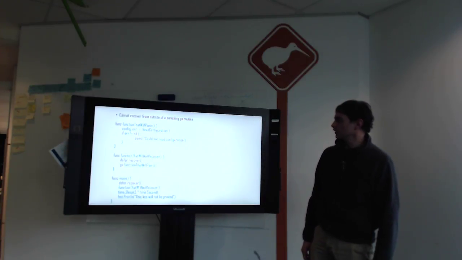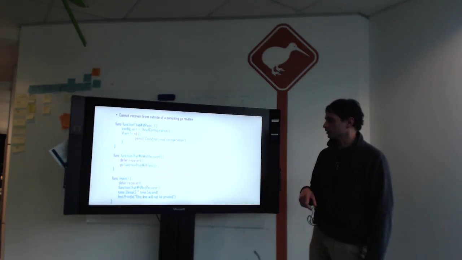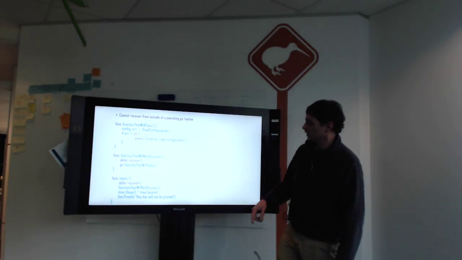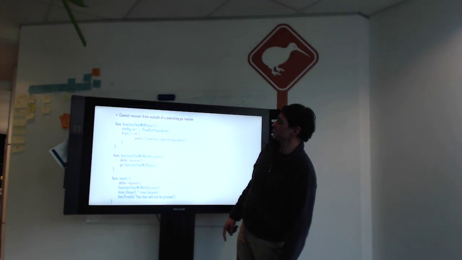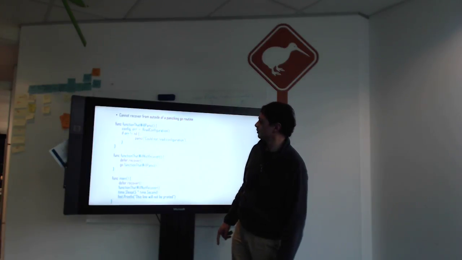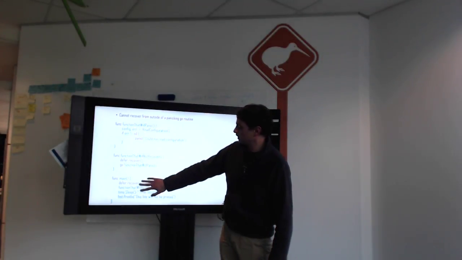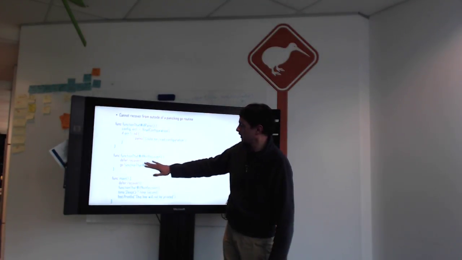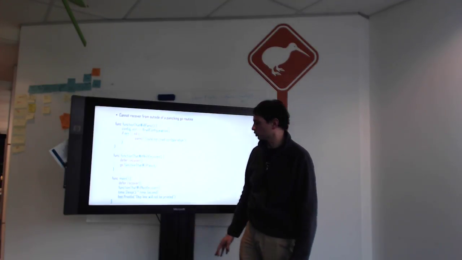So you can only recover from inside a panicking Go routine, not from the outside. So in this case, we're trying to recover here. I'm not sure why I've got it there, but anyway. If we only had the defer here and our Go routine panicked, then the program will still terminate.